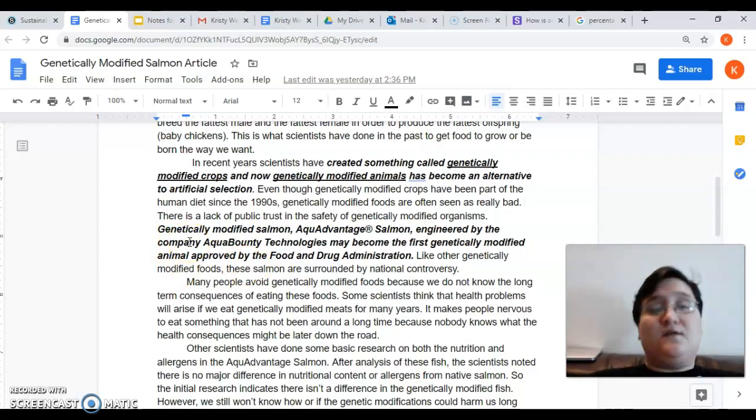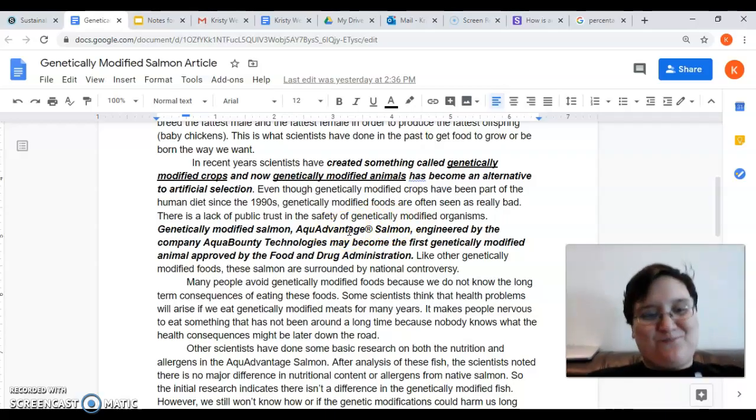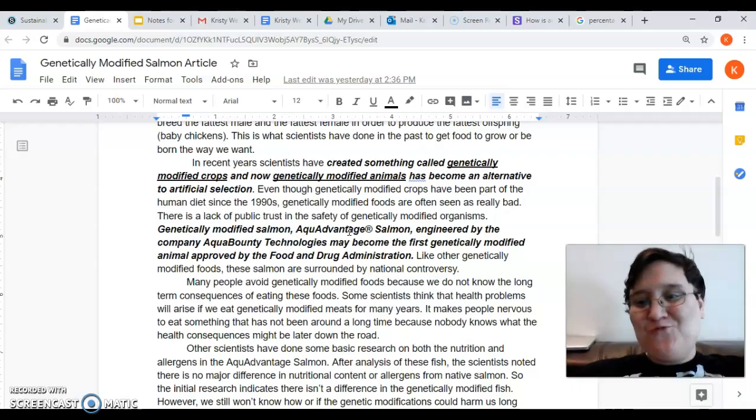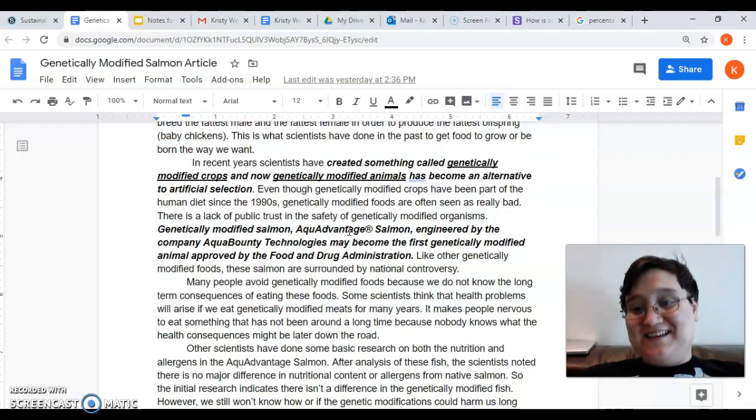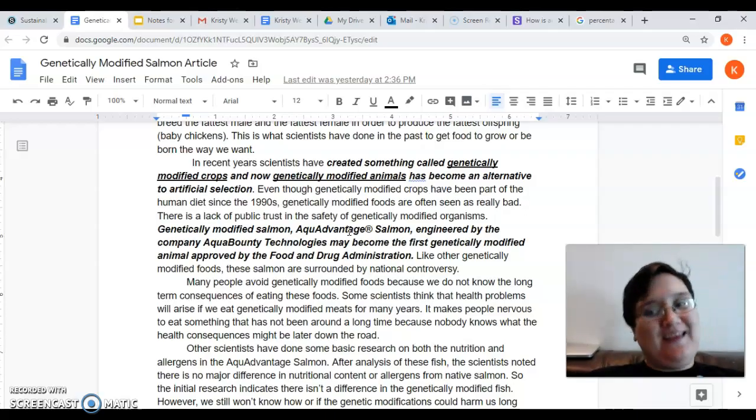Genetically modified salmon, AquAdvantage Salmon, that's the name of the company that has designed the DNA for these salmon. Also, these big companies can own the DNA to these animals, which is, to me, we're talking about ethics in this unit, what's right and what's wrong.